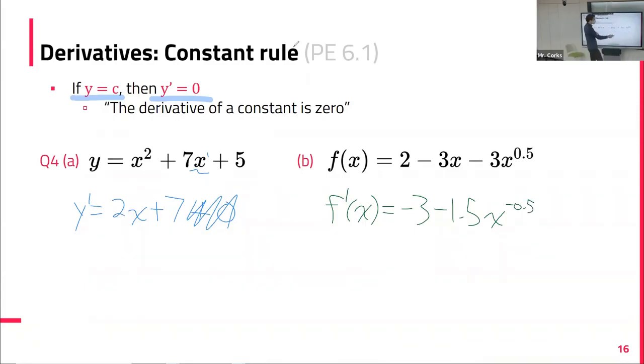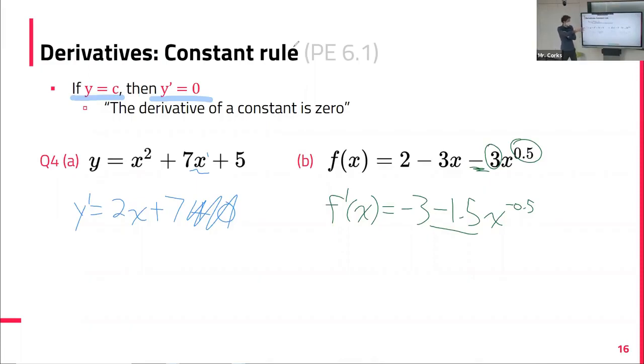So negative 3 minus, we have our coefficient 3, and we have our exponent there is 0.5. So 3 times 0.5, 1.5. Negative sign out front, that still stays there. So negative 1.5. And then our exponent 0.5, just subtract 1. And we get that negative 0.5.